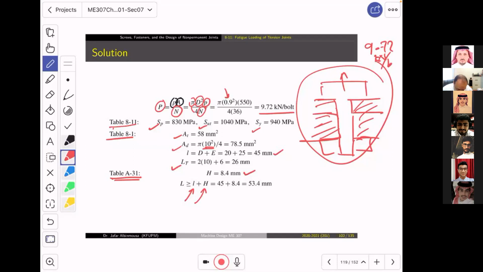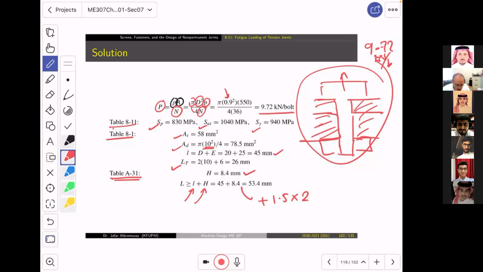And in reality, ya shabab, I don't know why the solution is, this is from the book, but this one should add to it 1.5 multiplied by 2. 1.5 is the lead, and when you multiply it by 2, you add the length of 2 threads to the 53.4.